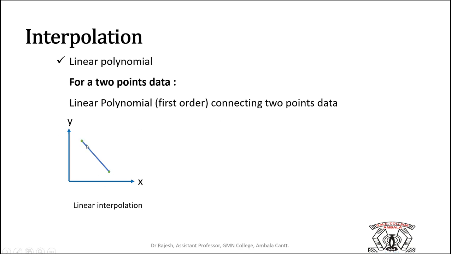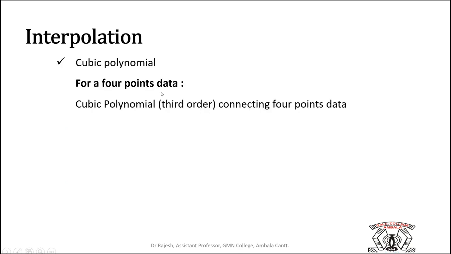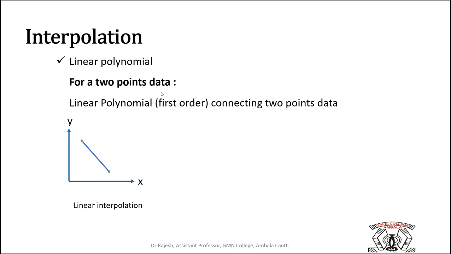So these 2 points are connected to each other through a linear polynomial, and this is true for 2-point data. This interpolation is called linear interpolation. So in the examination it could be asked what is linear interpolation. You will simply say that it is 2-point data in which those 2 points are connected linearly.